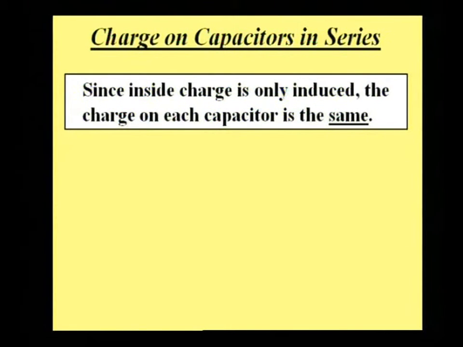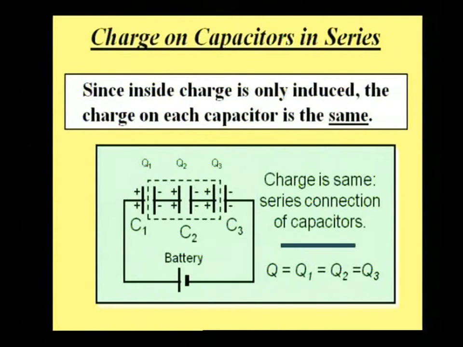Now for the charge storage in capacitors in series, let's first go through the parallel plate case, where the charge is Q equals Q1 plus Q2 plus Q3. Now this is what we find in the parallel plate capacitor. Here the charge across all the capacitors is the same, but the voltage is different. See here, whatever voltage is induced in a parallel plate, that becomes the charge induced in a series configuration.